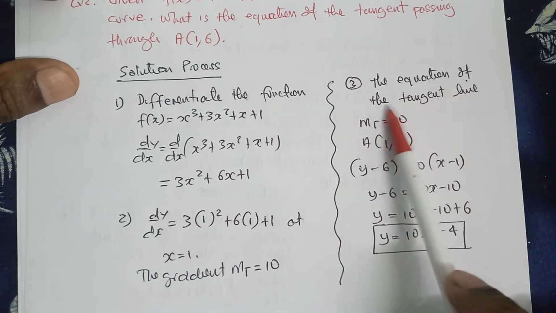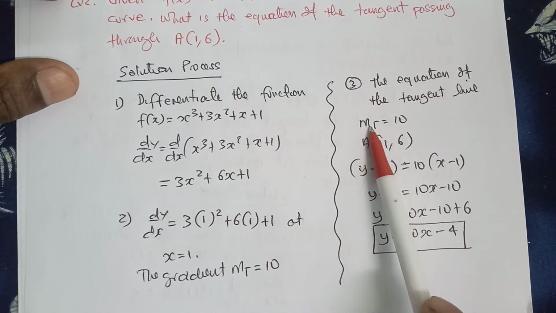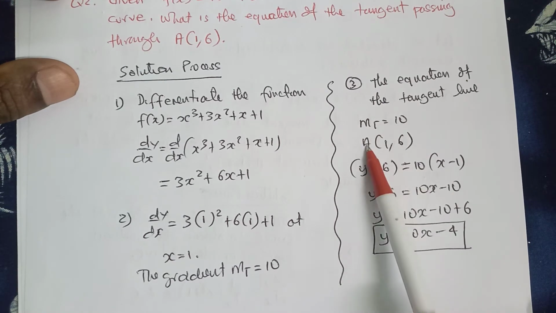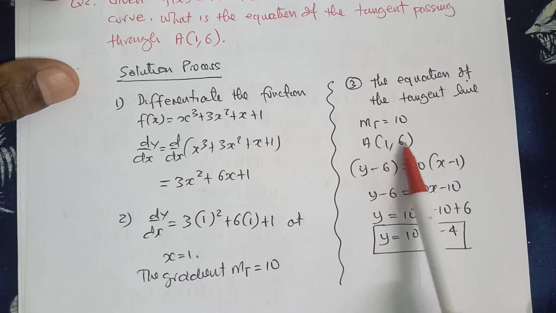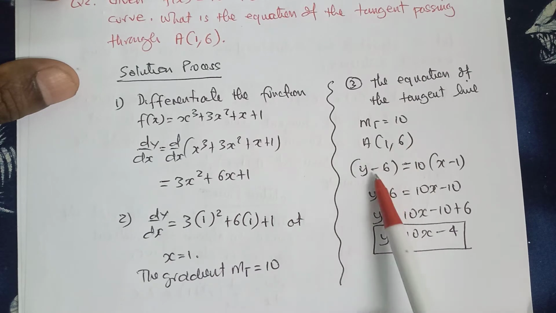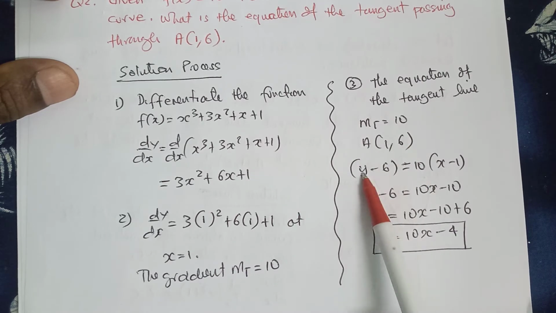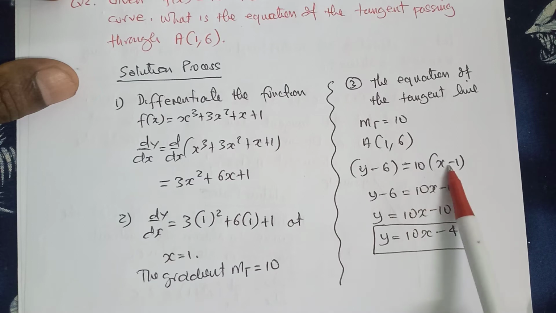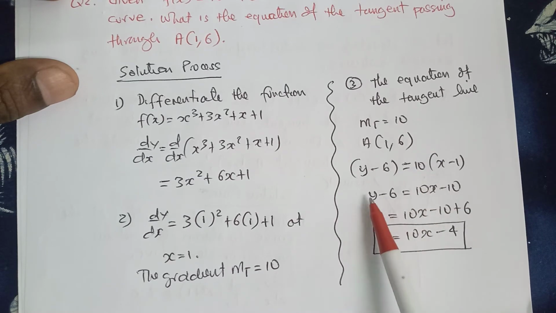Finally, the equation of the tangent line. Given that we now know the gradient of the tangent to be 10 and the point A to be (1, 6), y minus 6 = 10(x minus 1).